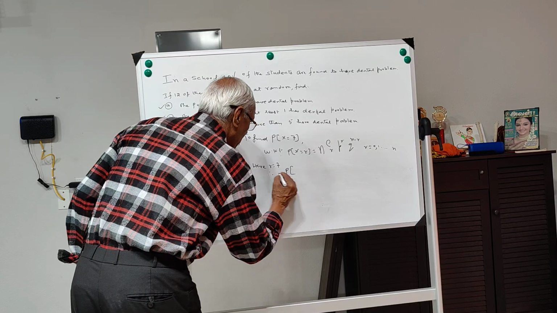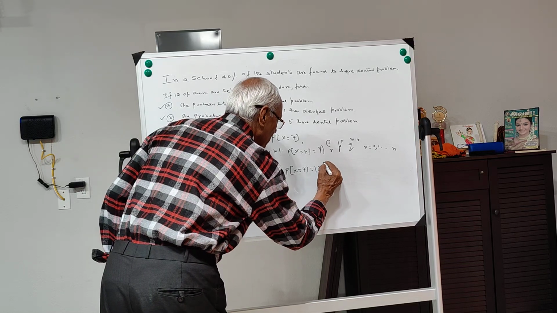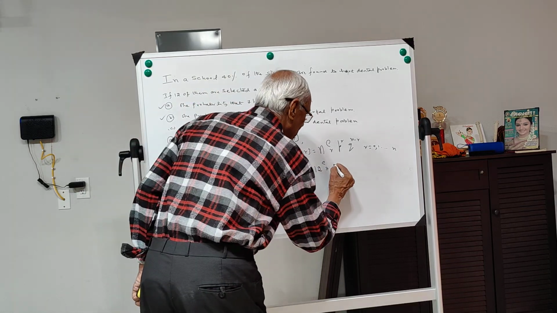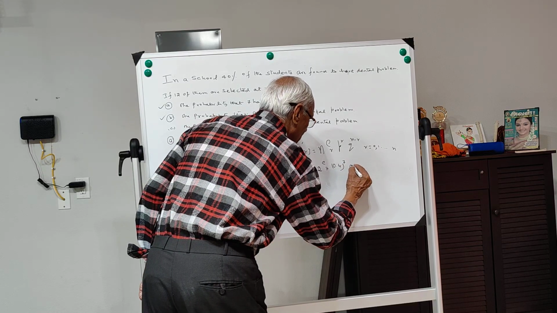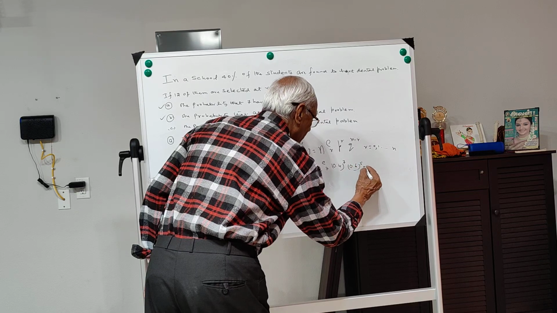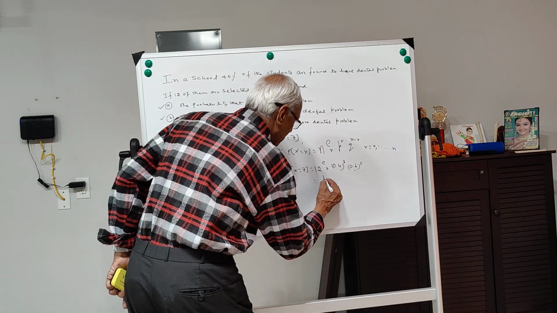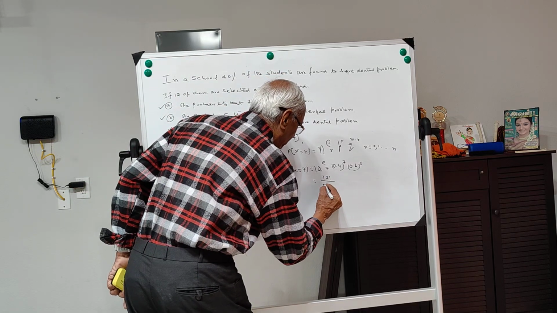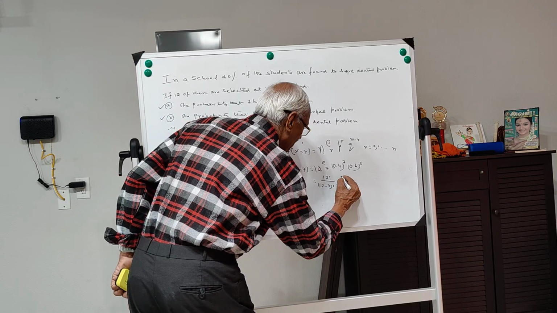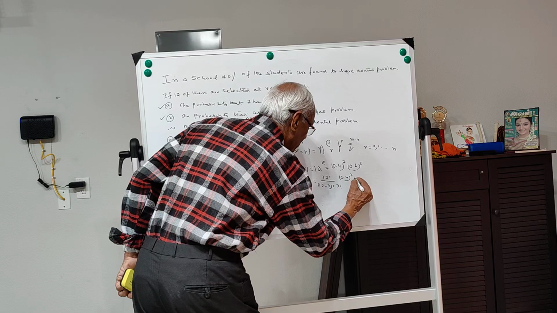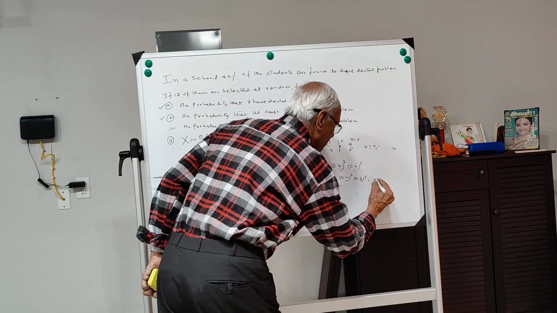Therefore, P of X equal to 7 is equal to 12C7 into 0.4 to the power of 7, 0.6 to the power of 5. Now if you go for simplification, this is nothing but 12 factorial by 7 factorial into 5 factorial, into 0.4 to the power of 7, 0.6 to the power of 5.